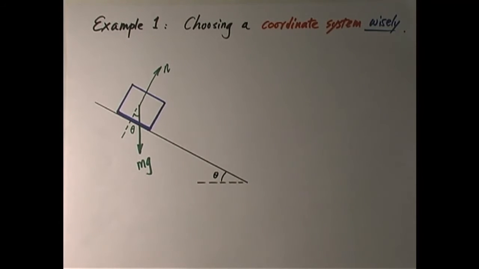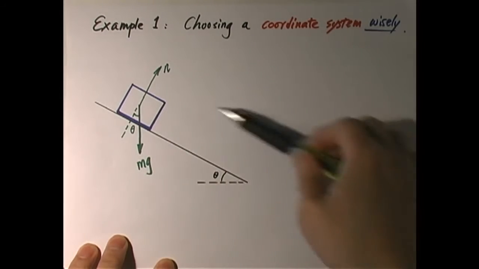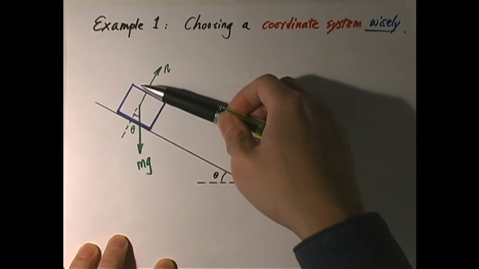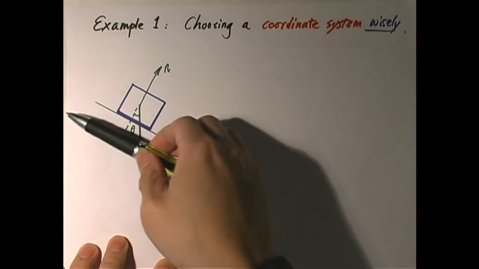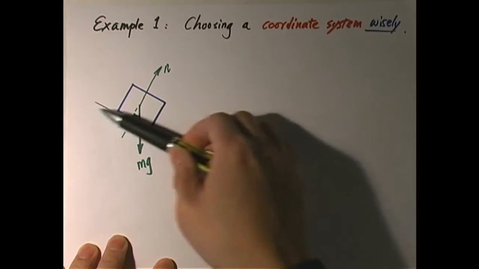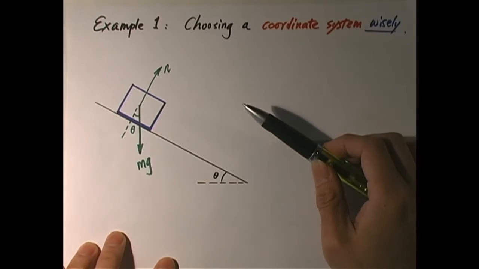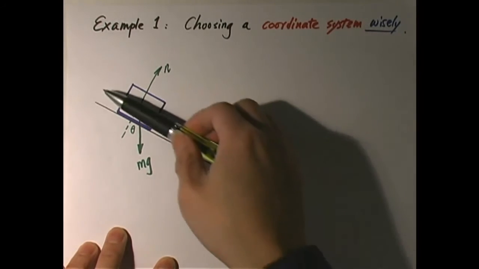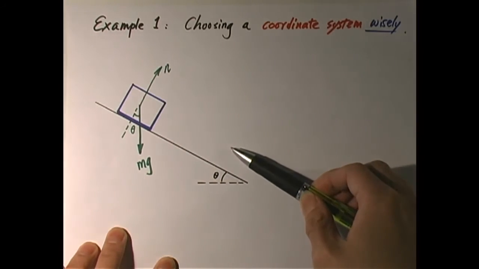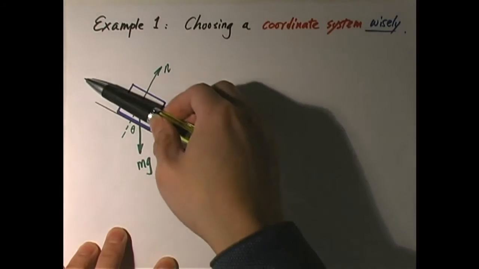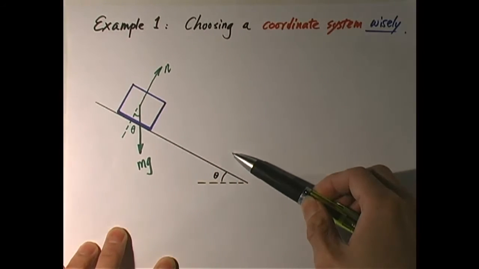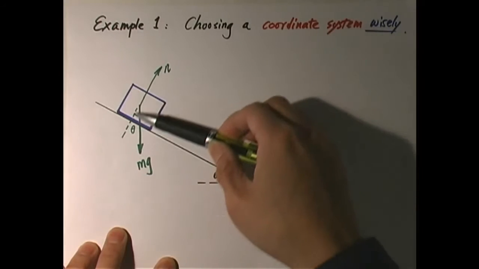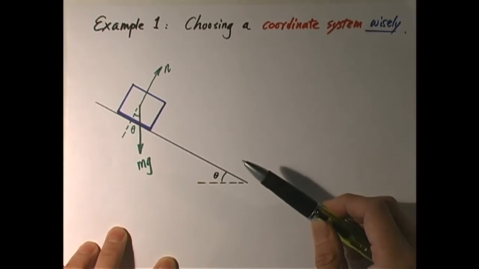Now, there are two obvious choices that come to mind. One is, how about the horizontal and vertical? After all, gravity acts only vertically, and in the horizontal direction there is no gravitational force. Another choice would be to follow the direction of motion of the box, so that I draw one x coordinate like this, and the y will be perpendicular to the incline.